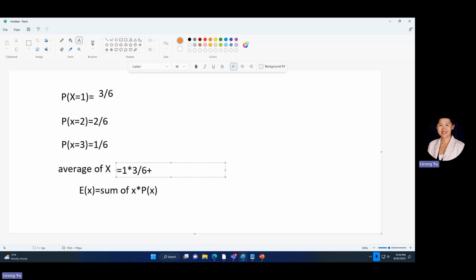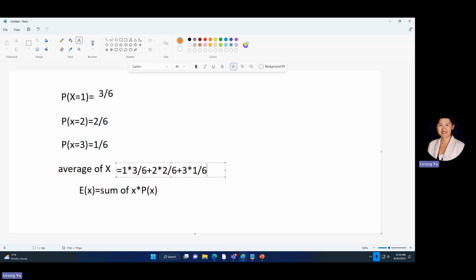The X value 2 has a probability of 2 over 6. And the 3 has a probability of 1 over 6. Each X value, there are 3 of them, has to be multiplied by its probability, and then we add it all together.